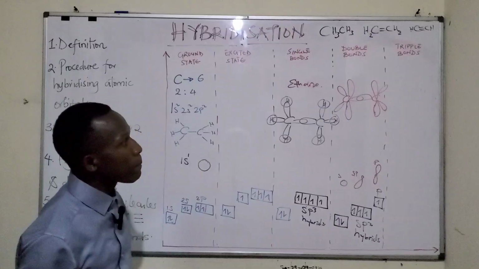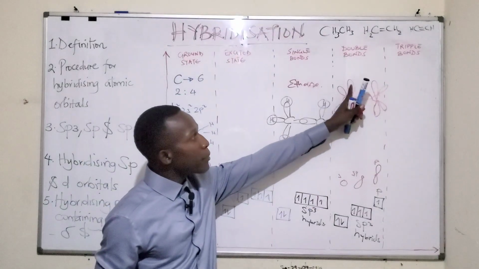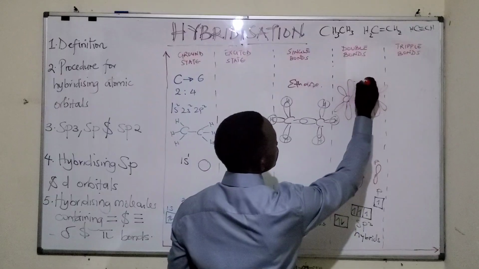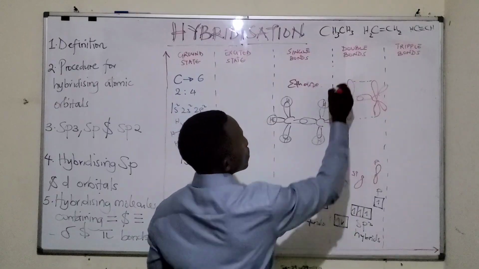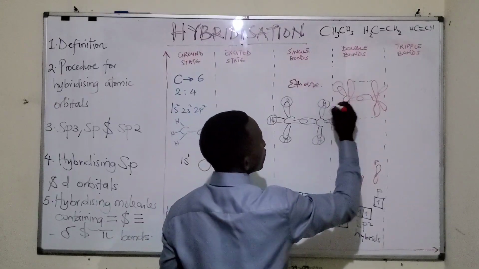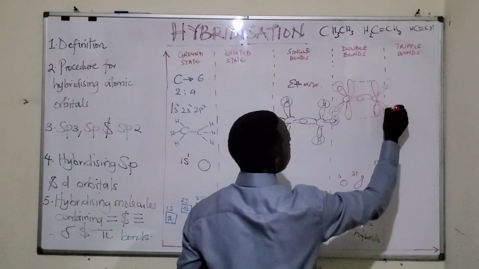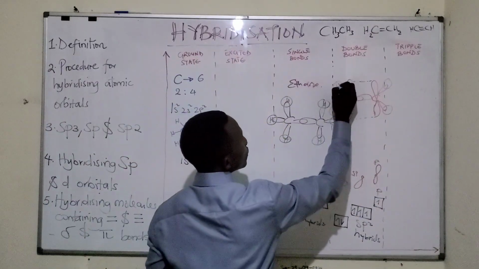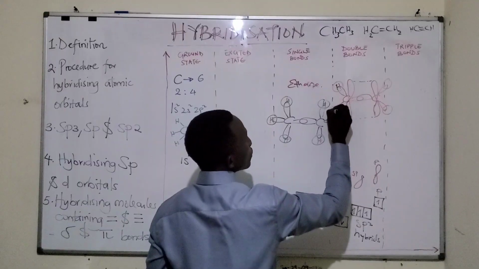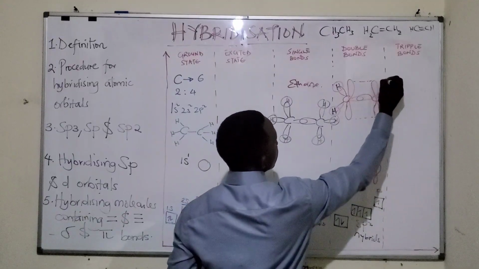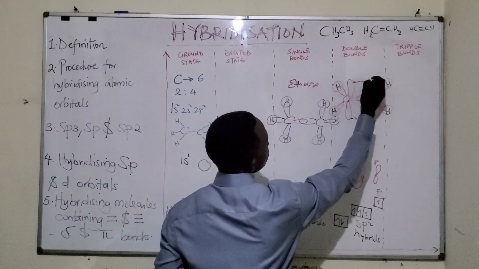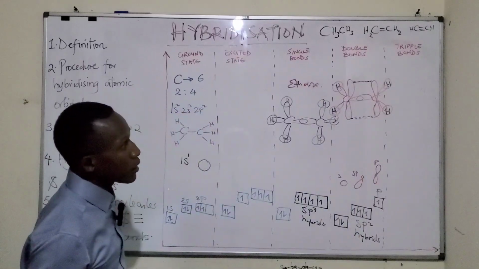Now, this unhybridized electron will also try to form bonds. The hybrids are bonded to hydrogen atoms, but the unhybridized ones try to form bonds with each other.